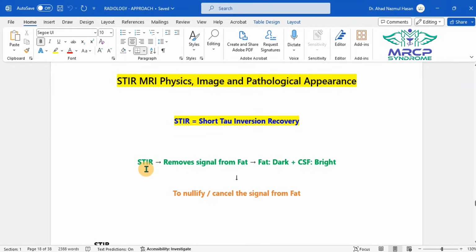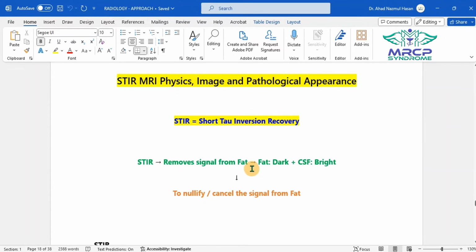So the STIR sequence is completely opposite to which sequence? FLAIR. Try again. Not T2, not FLAIR. In case of FLAIR, the fat would be bright.